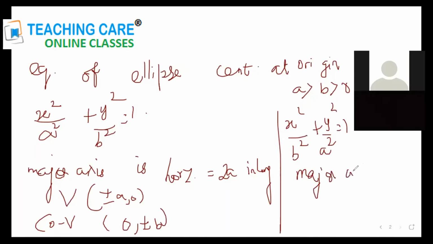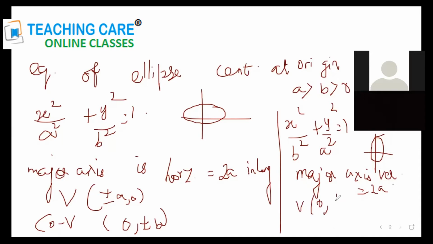That means the figure will come like this, whereas for the previous one it is horizontal. The major axis will be vertical and equal to 2a in length, the vertices will be 0 comma plus or minus a, and the co-vertices would be plus or minus b comma 0. Understood?